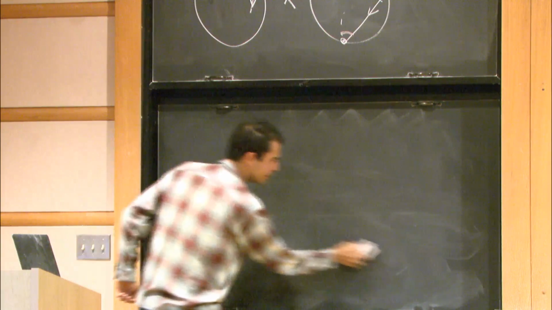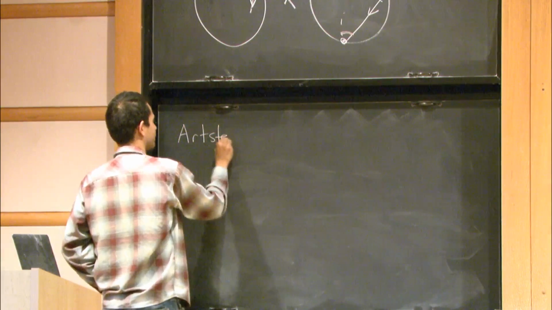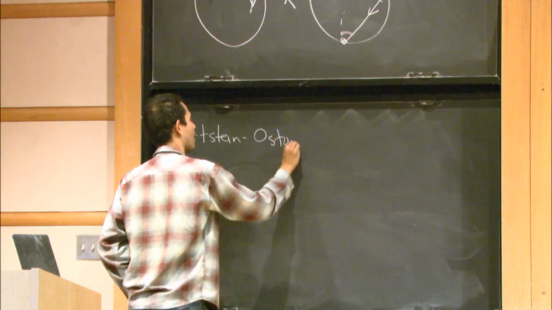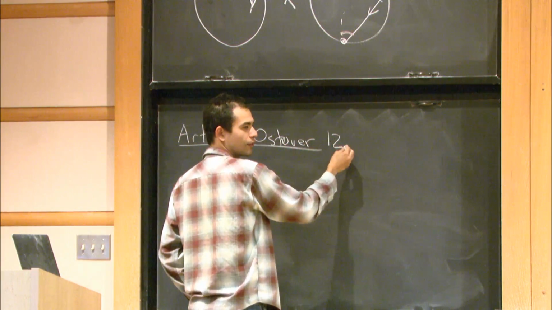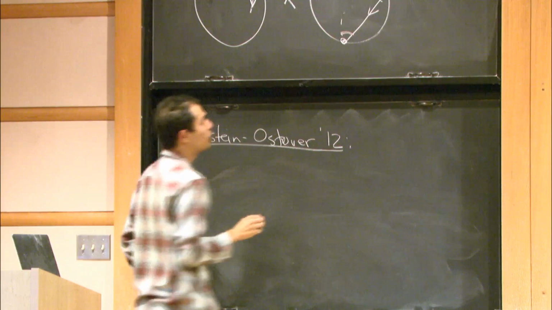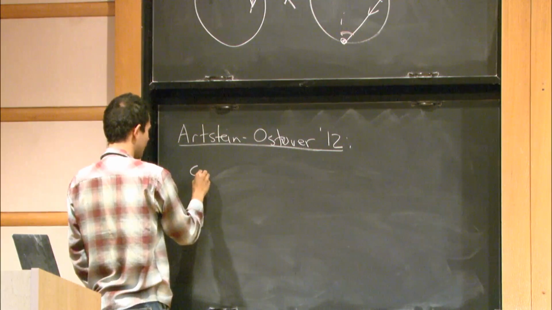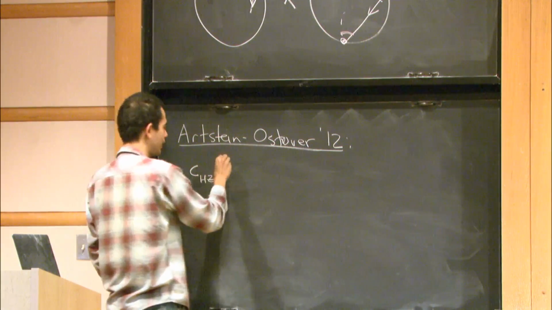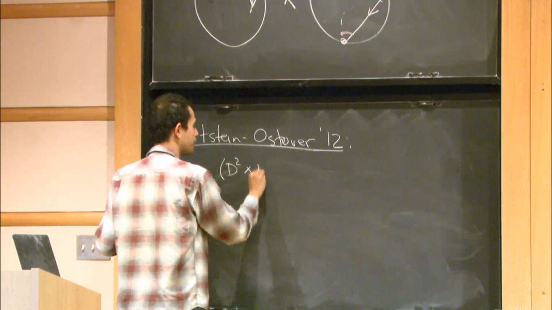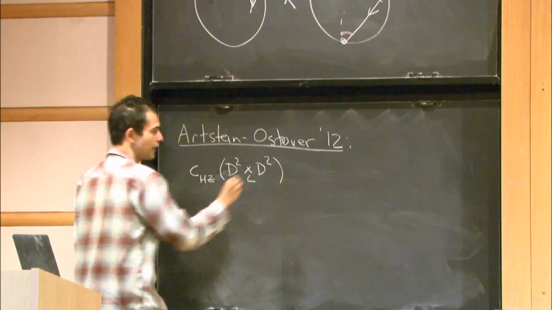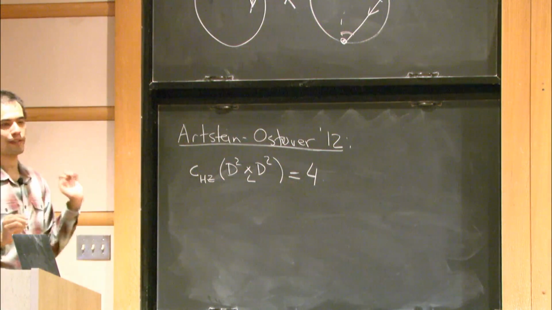So I guess the first theorem along these lines was by Artstein-Avidan and Ostrover, and I believe this was in 2012, where they basically showed that in this case, if you take the Hofer-Zehnder capacity, which is a very canonical, very classical symplectic invariant, which I won't define here, of the bidisk, what you get is 4, which is the length of the shortest billiard trajectory.